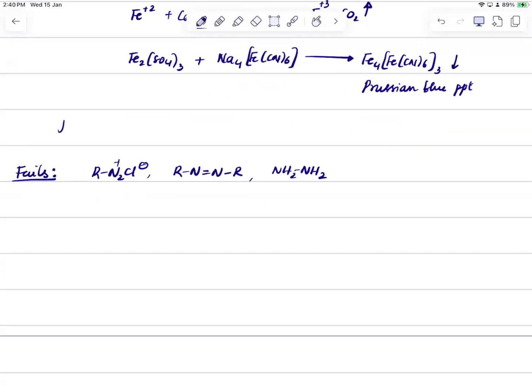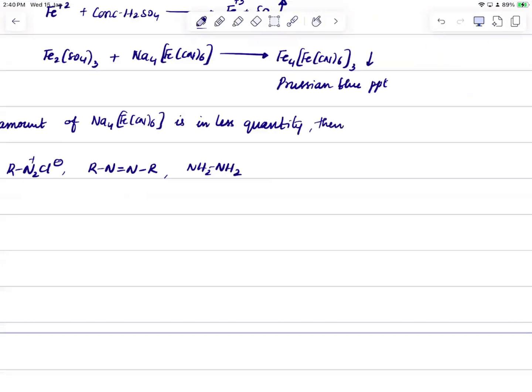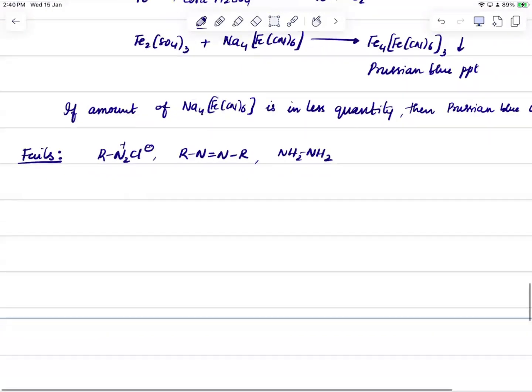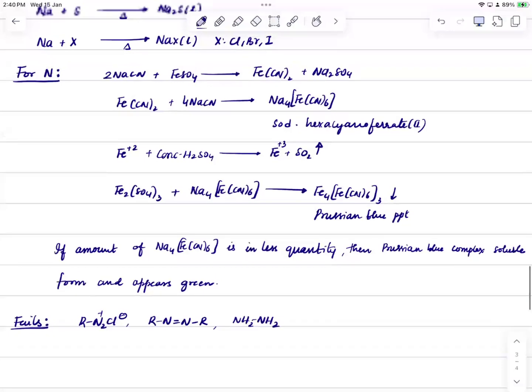If the amount of Na4[Fe(CN)6] is in less quantity, meaning there is less amount of nitrogen, then you will see the Prussian blue complex in soluble form, and the soluble form appears green in color. Right. So just keep this in mind for nitrogen.